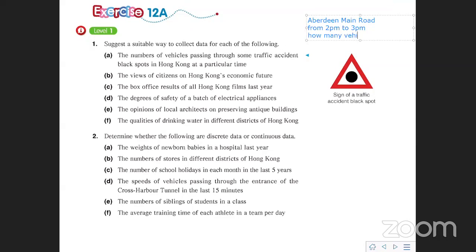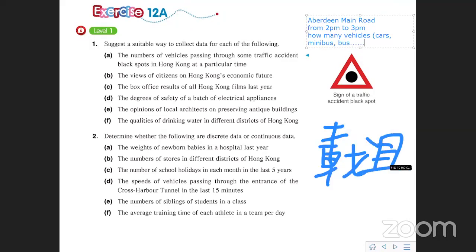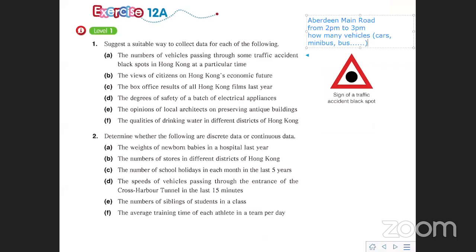Do you know the meaning of vehicles? It includes cars, minibuses, buses, something like that. If you want to know the number of vehicles passing Aberdeen Main Road from 2 p.m. to 3 p.m., how can you collect the data?